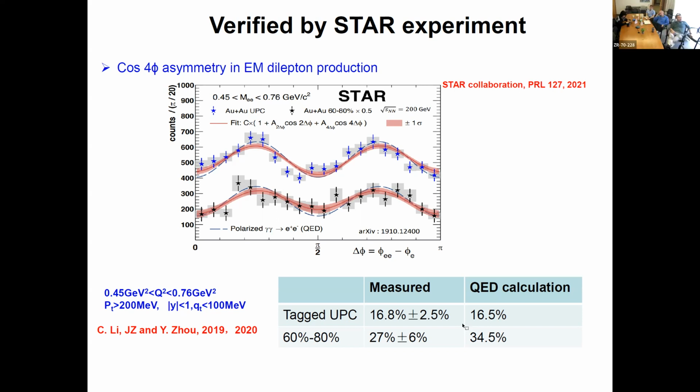Can I ask, is this linear polarization a sort of intrinsic feature of any kind of quasi-real photon field itself? At small x, I think so, yes. Most of the quasi-real fields are at small x, I think. I tend to believe that's quite a common feature.